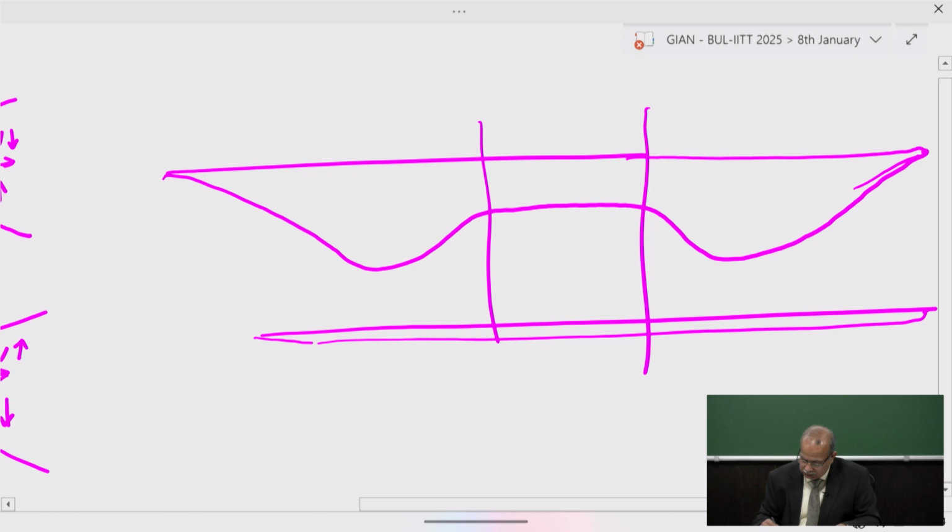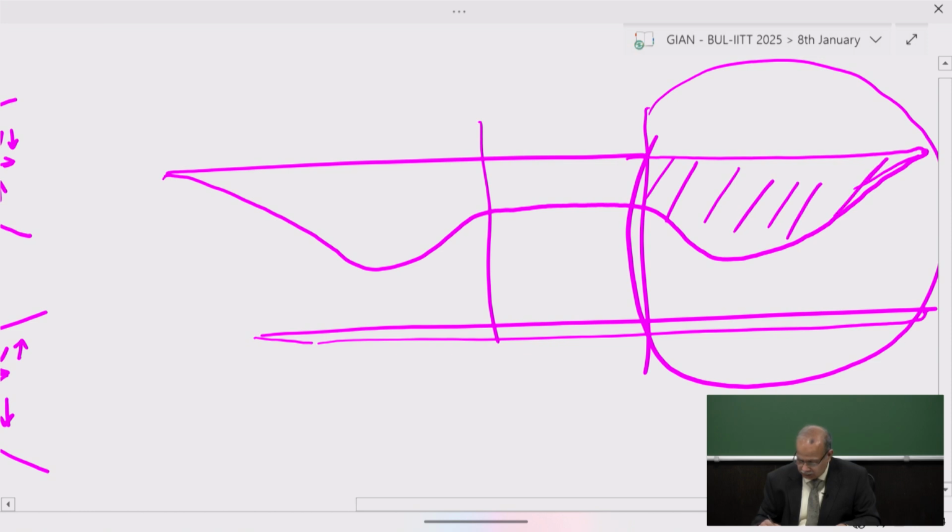If you zoom into this part, you can see that the inlet part is a convergent divergent geometry. We already looked into this. Today we are going to look into the nozzle part of it.